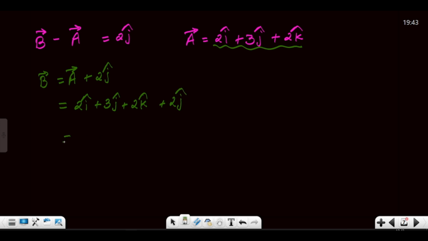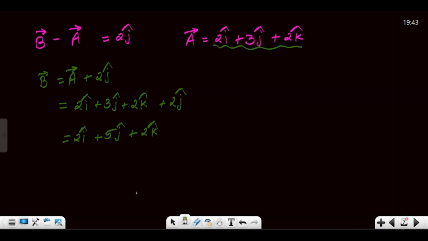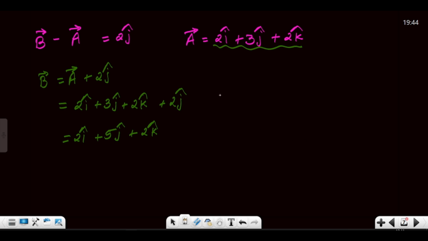So our final answer is 2 i cap plus 5 j cap plus 2 k cap. And they have asked not for vector B, they have asked for the magnitude of vector B. So from here we can write the magnitude.